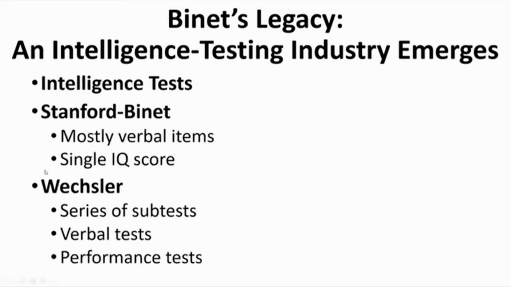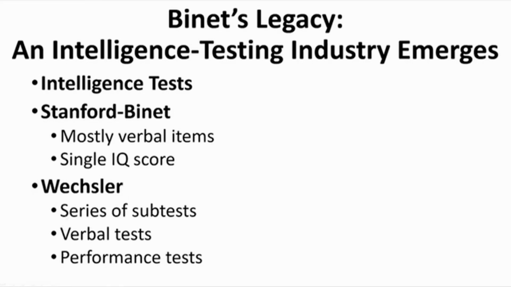So if we can look at our summary here of the two types of intelligence tests when they were proposed, the Stanford-Binet focused mostly on those verbal items, and it gave you a single IQ score, which was very useful. Our Wechsler tests were different because they came up with a series of subtests.